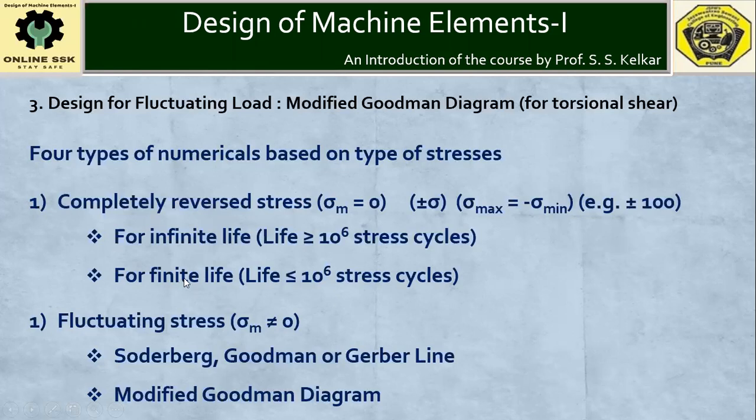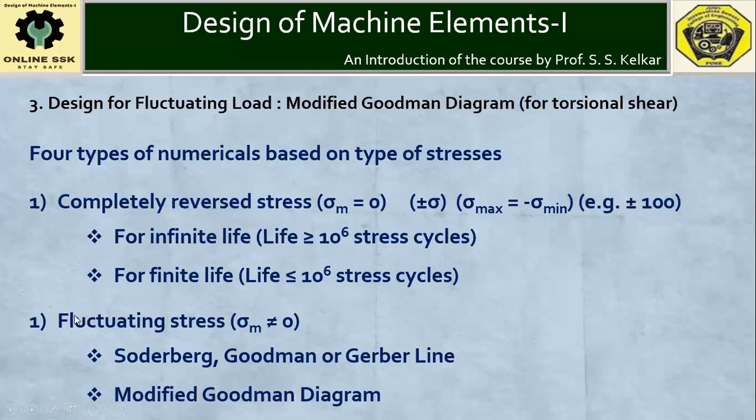Finite life is signified by a life less than 10 raised to 6 stress cycles. They may ask you to design the machine part, meaning to find the dimension. They may ask you to find the expected life of the machine part, or the numerical may be based on cumulative fatigue, which will be solved using Minor's equation.